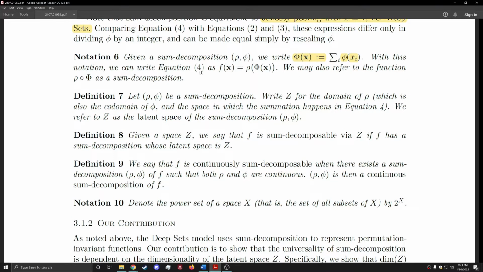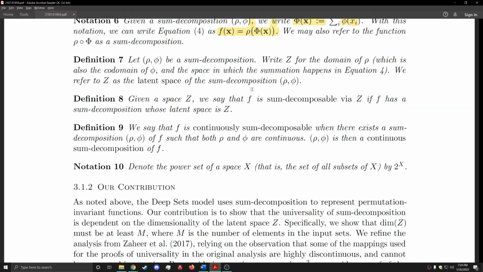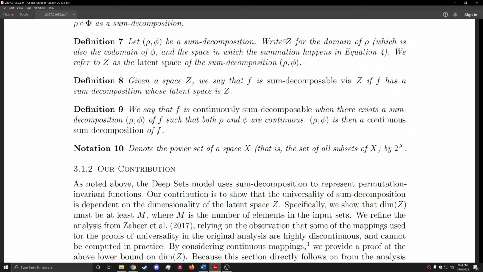So, with this, we can talk about the functions in terms of this rho, this decoder, acting on this latent space, big phi on X, which I'm pretty much just going to call phi. Little phi is, well, I'm going to call it that. As we move on, we can write Z for the domain of rho and the codomain of little phi, and we can talk about that as the latent space, and latent space sum decomposition.